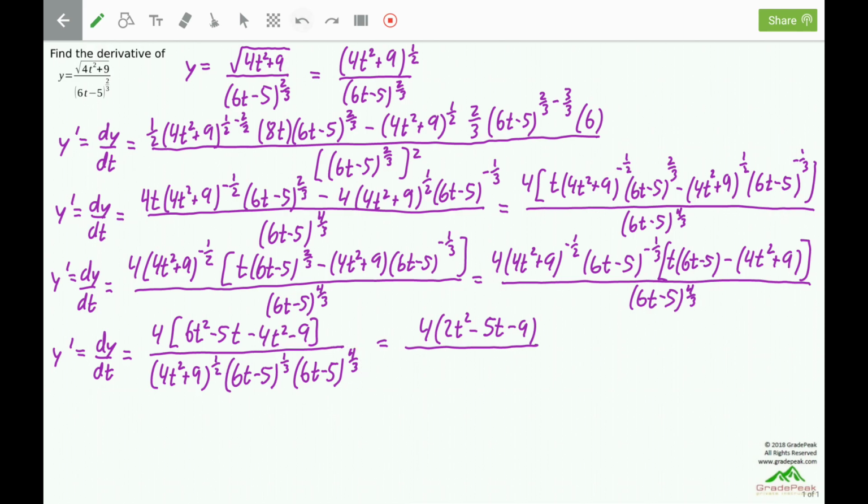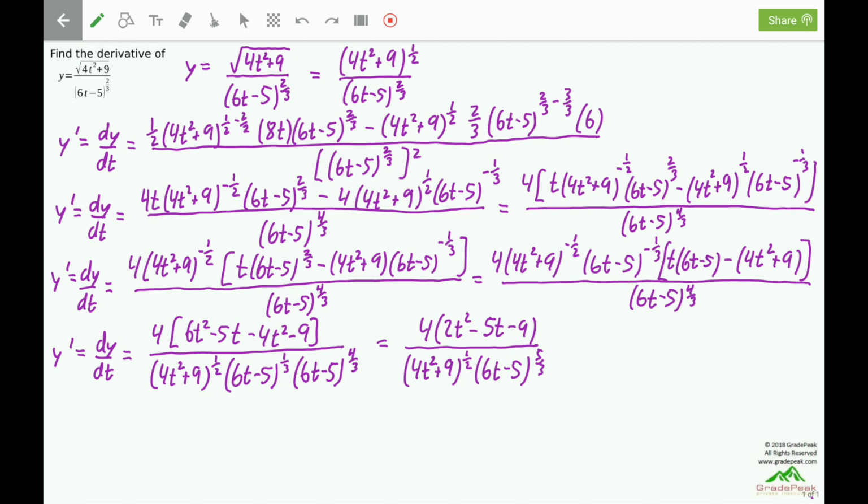We can add their exponents together. So we will have 4t squared plus 9 to the 1/2, and that'll be multiplying a 6t minus 5, which will now be to the 1/3 plus 4/3, or 5/3. So there's the derivative y prime or dy dt.